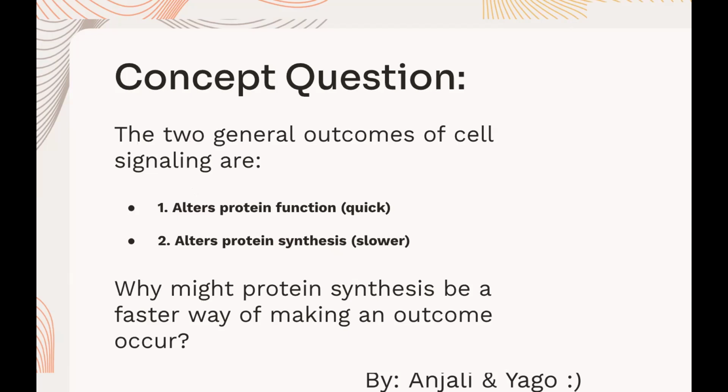So can somebody tell me why might protein synthesis, and when I say protein synthesis, I mean changing from the root level, like changing the DNA and RNA to have different types of proteins. Oh, I think I wrote this wrong. Why might altering protein function, so the job of what a protein does, be a faster way of making an outcome occur?